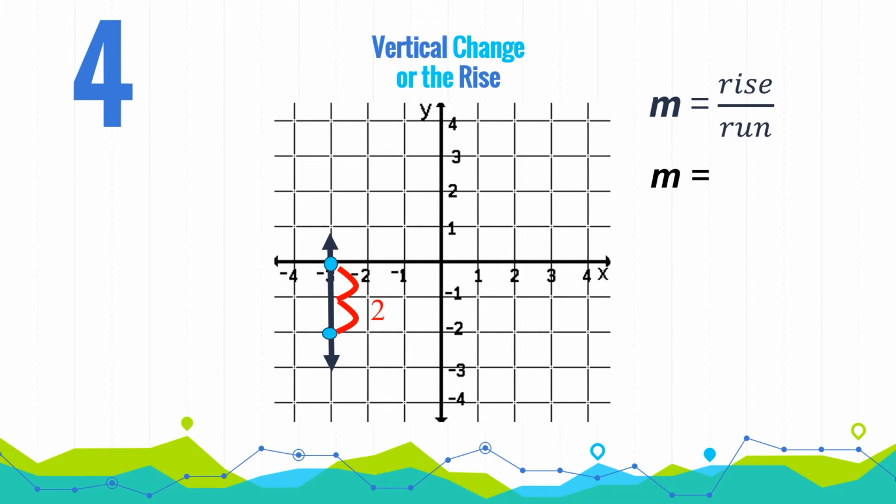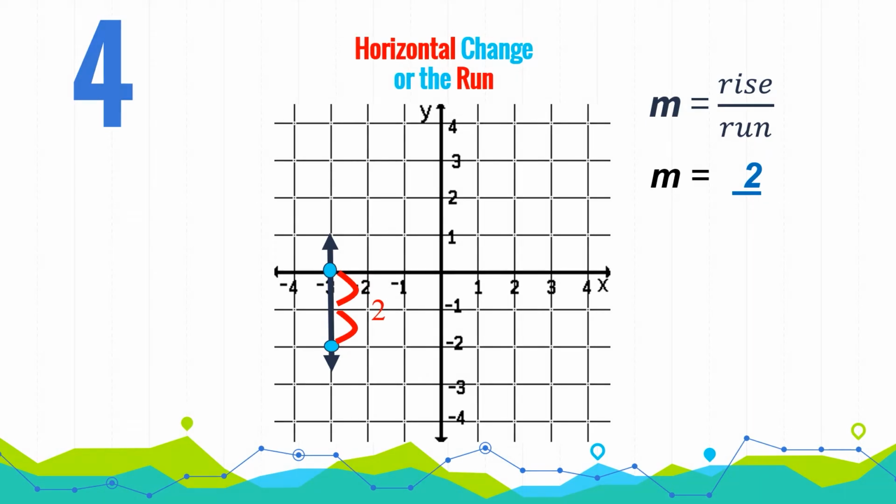Therefore, the value of rise is 2. How about the horizontal change or the run? Since the graph is a vertical line, there is no horizontal change. Therefore, the value of run is 0. 2 divided by 0 is undefined.